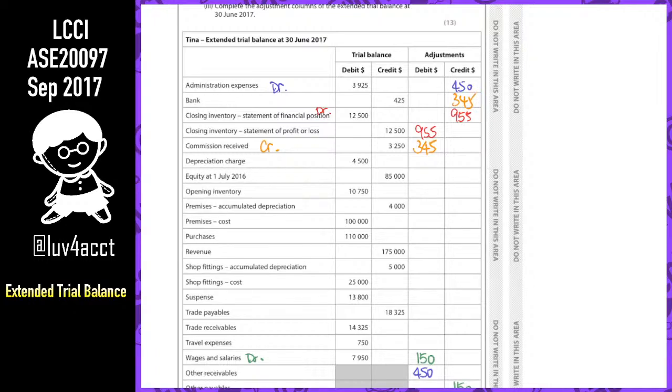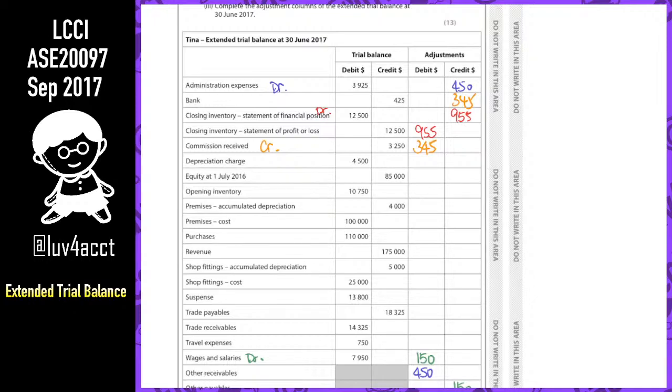We may have to move bank again. Possible, I don't know yet. Or is it suspense? 345. I'm not sure. Let us see later.